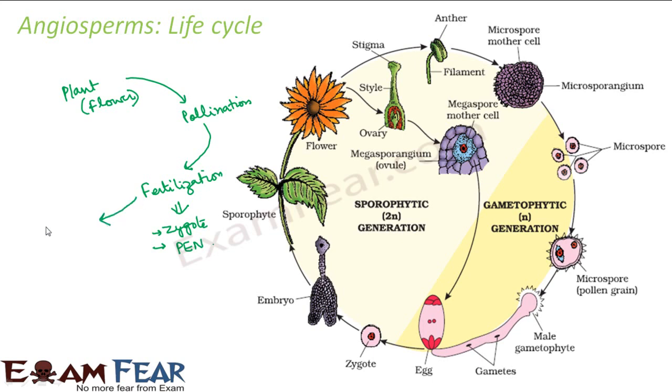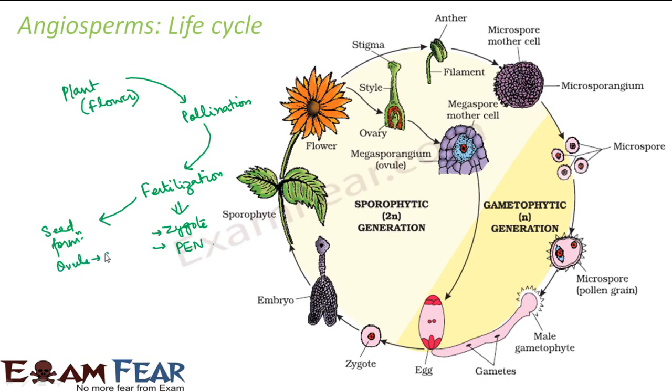Now after fertilization, seed formation will take place. How will seed formation take place? This zygote will develop into an embryo, and this primary endosperm will develop into endosperm. And this endosperm will keep on providing nourishment to the embryo so the embryo can grow. And then once that embryo starts growing, the ovule becomes the seed and the ovary becomes the fruit.